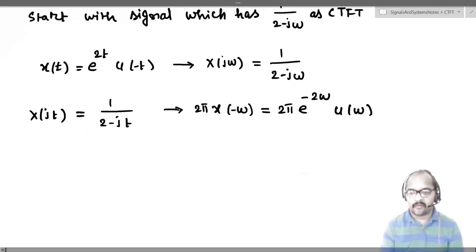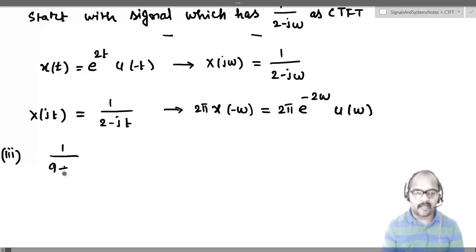Okay, so what is the crucial step? Again, you should always look for a signal which will have the given function as the Fourier transform. Okay, so we will take third signal. Let us take third signal to be, let's say, 1 by 9 plus t square. So we want to find Fourier transform of this signal.